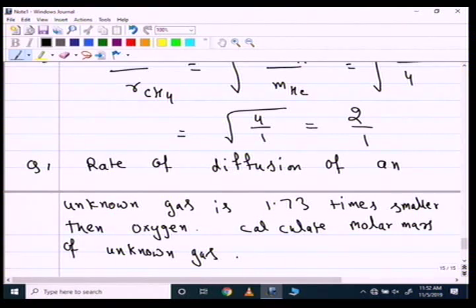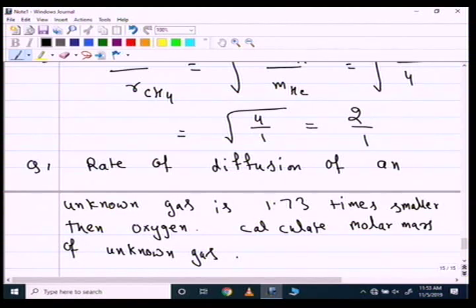Leave it. Solve this question. I forgot what I was saying. 47.8.